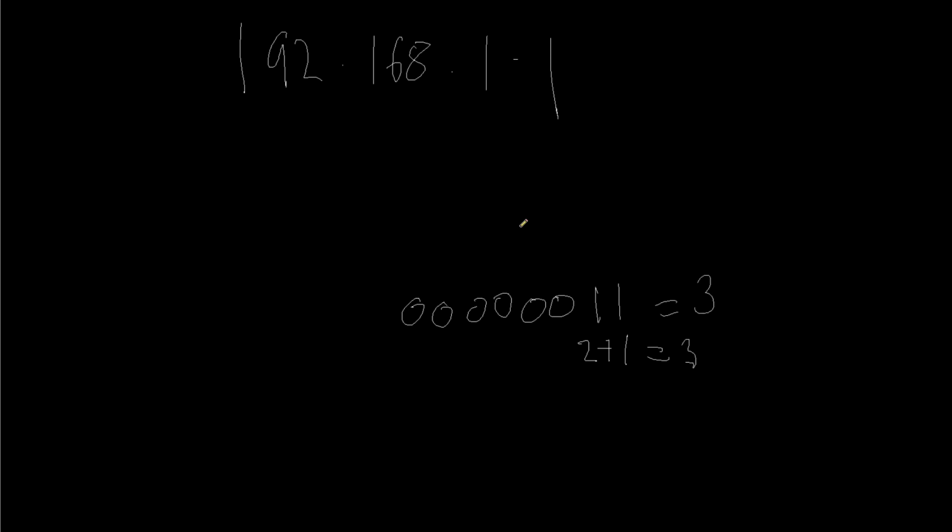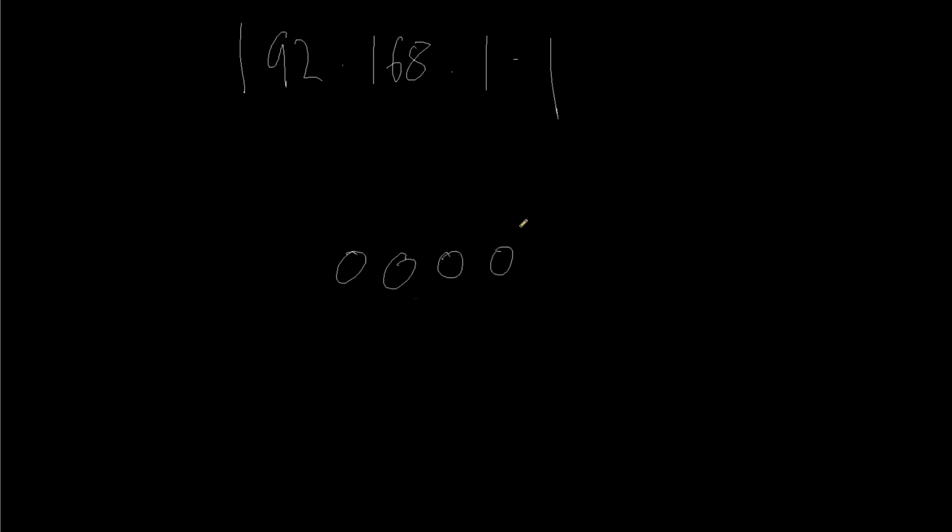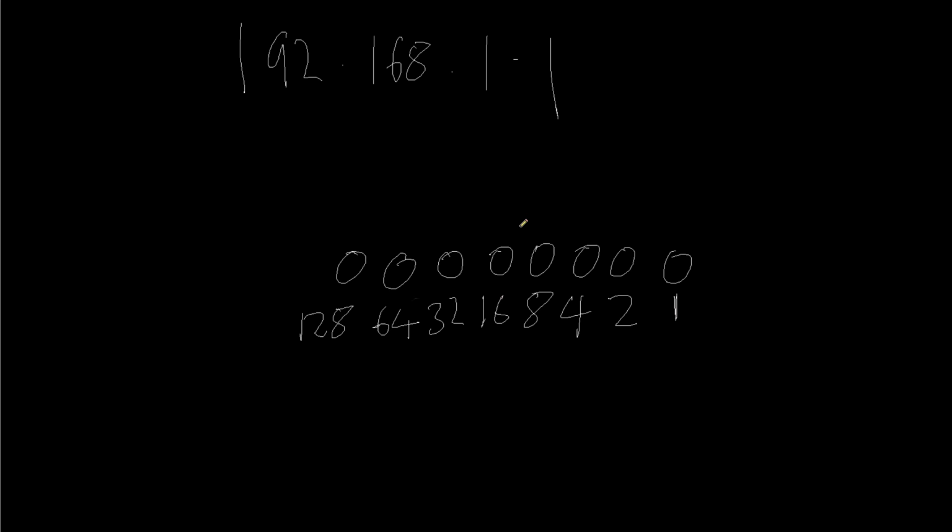Each digit in the binary system works like this: if we have 8 digits, this one can either be 0 or 1, this one can either be 0 or 2, this one can either be 0 or 4, then 8, 16, 32, 64, 128. So what this does is it doubles every time it goes down the line.